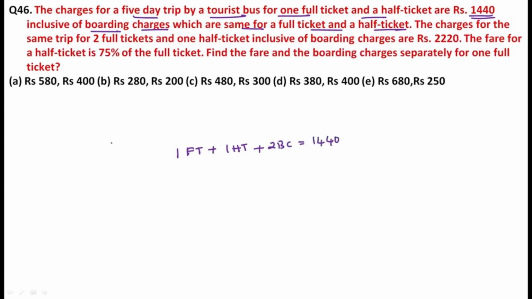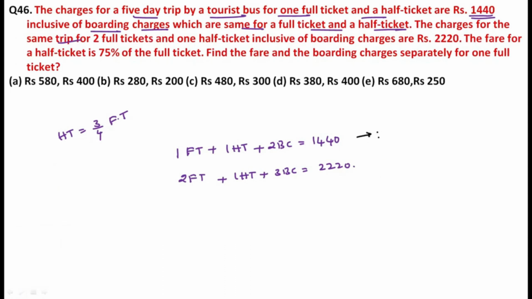That is one equation. The charges of the same trip, two full tickets and one half ticket and three boarding charges is exactly equal to 2220. The fare of half ticket is 75%, meaning 3 by 4th of full. Find the fare of boarding charges separately and for one full ticket.